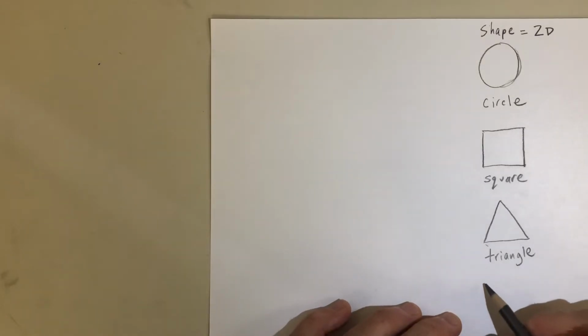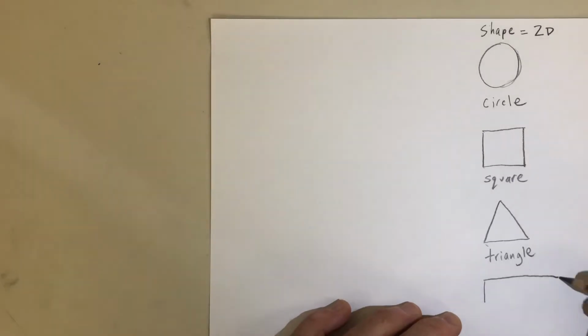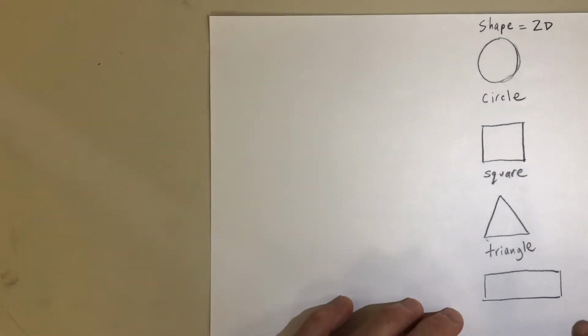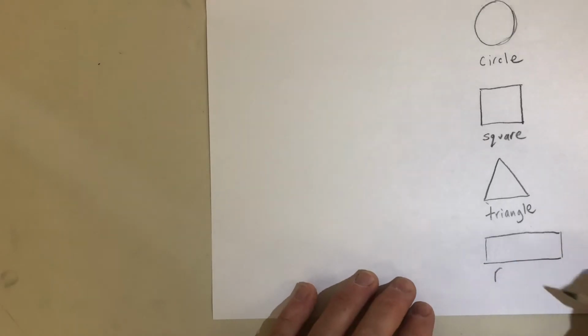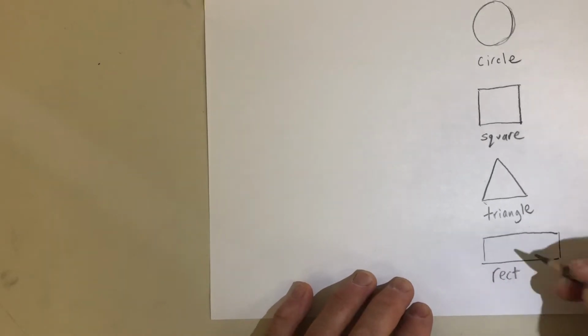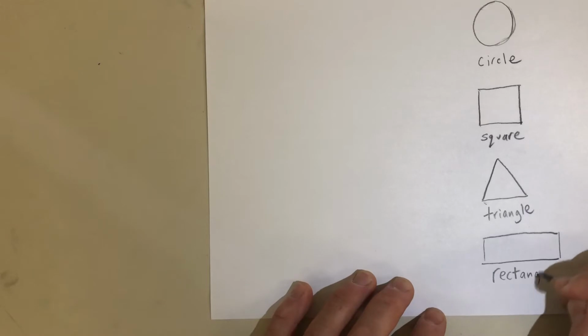A rectangle, a little longer than a triangle. Also two-dimensional. It has height, it has width, but it does not have depth.